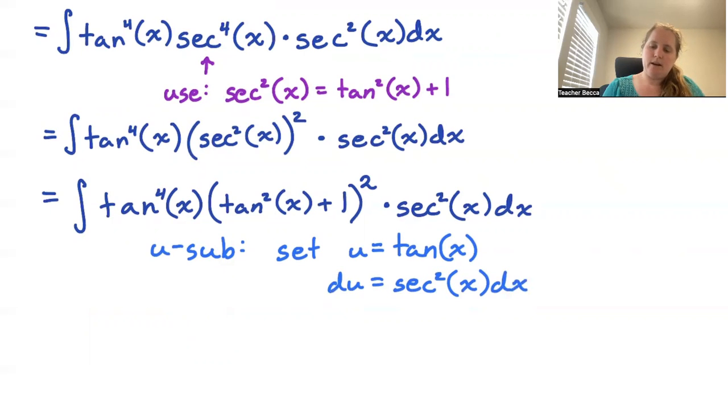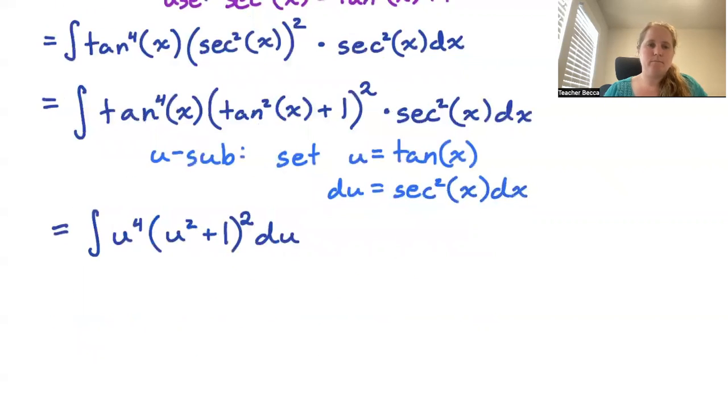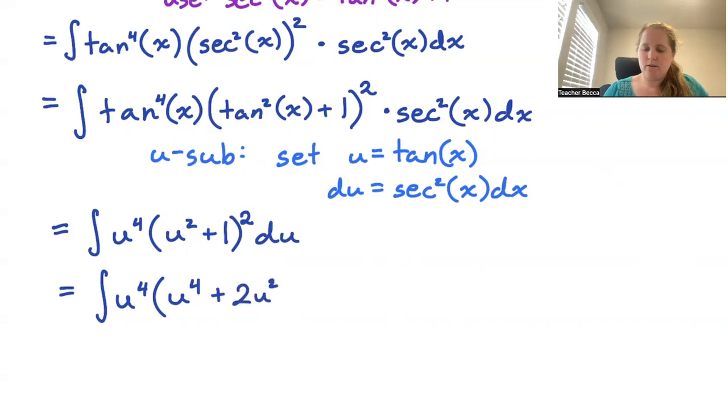So we are looking at the integral of u to the fourth times u squared plus 1, that entire u squared plus 1 is squared, and then du. If we expand this out, we are looking at the integral of u to the fourth times u to the fourth plus 2u squared plus 1 du.